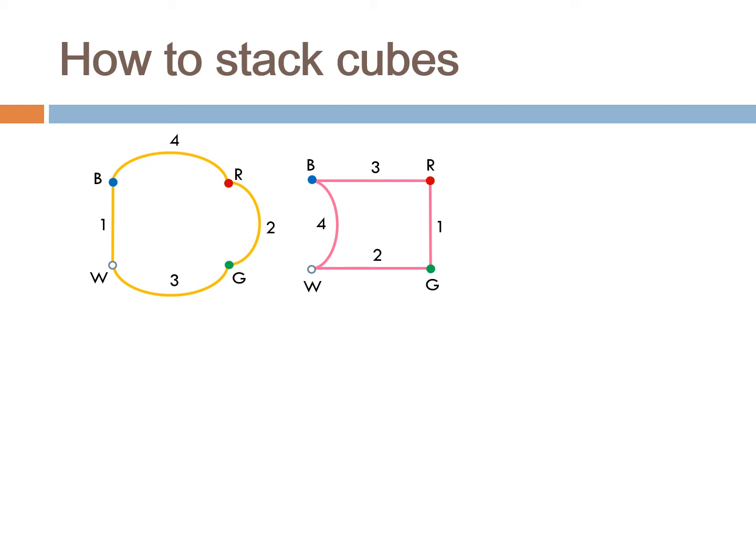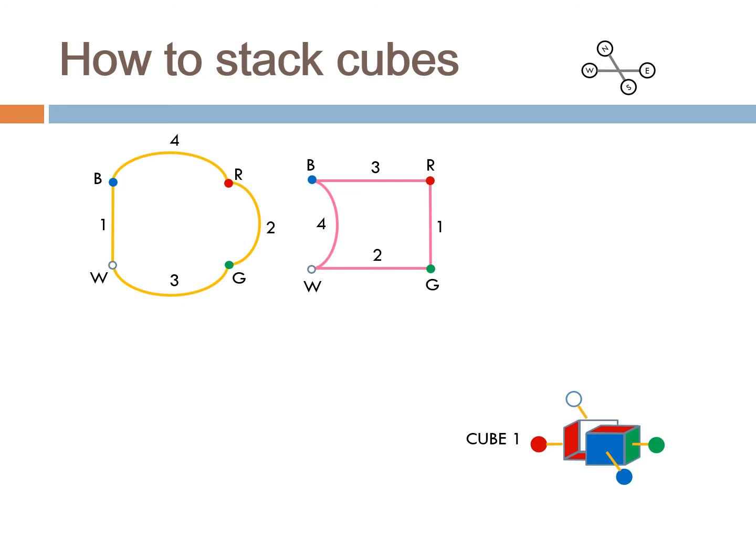Look at the edges labeled as 1 from both the graphs. Place cube 1 in such a way that blue faces south, white faces north, and red faces west and green faces east. Top and bottom faces are not of concern.